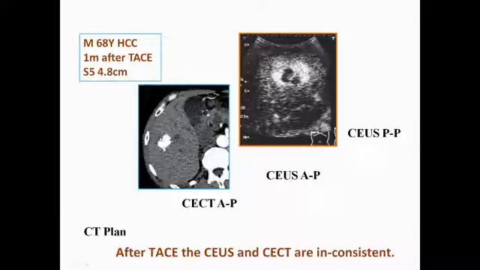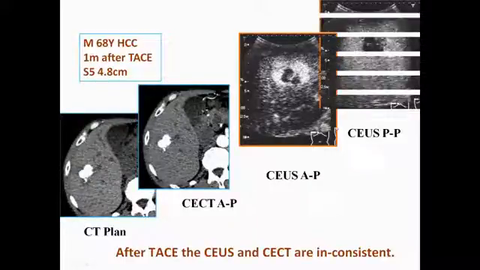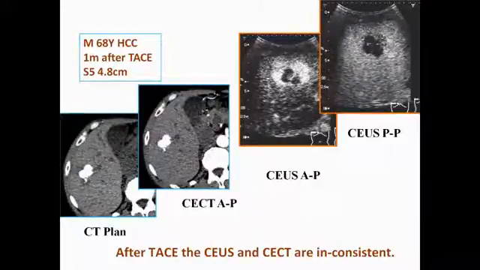We can see the lipiodol in the liver, the tumor is here, but the CT diagnosis is complete necrosis. But by using contrast ultrasound, we can see a lot of enhancement around the tumor, just here, and you can see the washout just here.